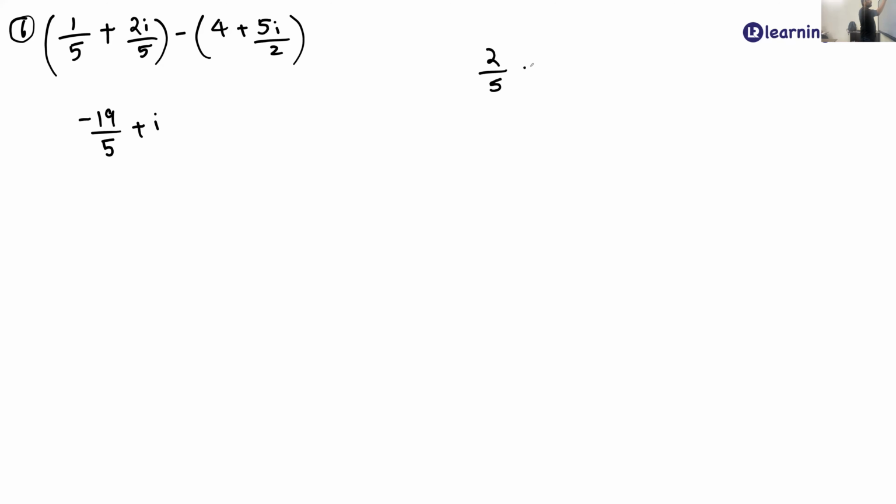So 2 by 5 minus 5 by 2, it is going to be 4 minus 25, the whole divided by 10. Correction, it will be minus 21 divided by 10. So i into minus 21 divided by 10. So it is of the form a plus ib.